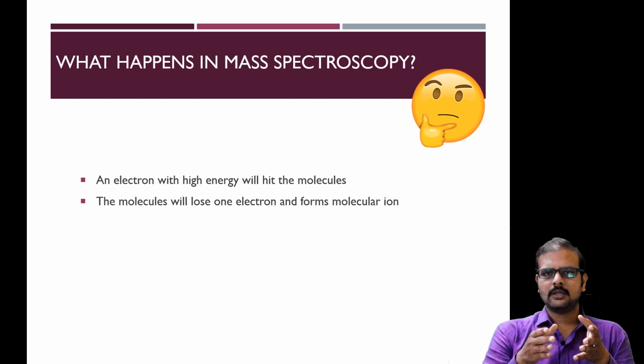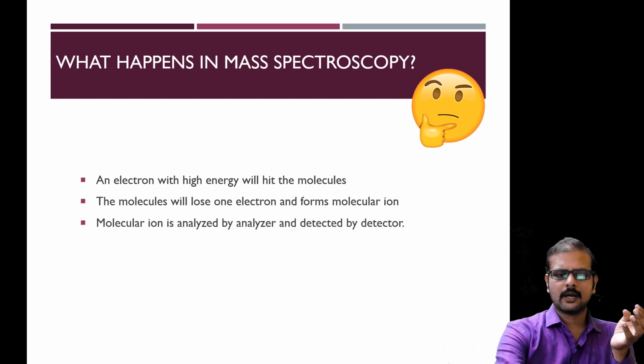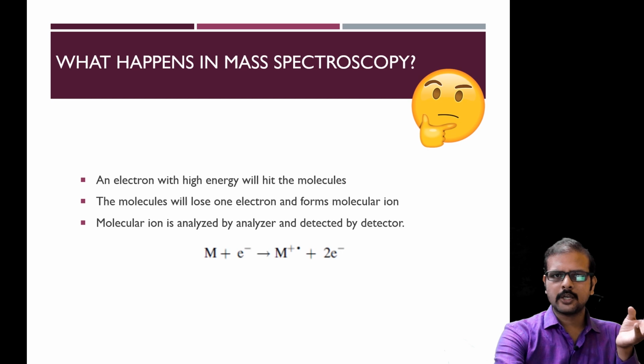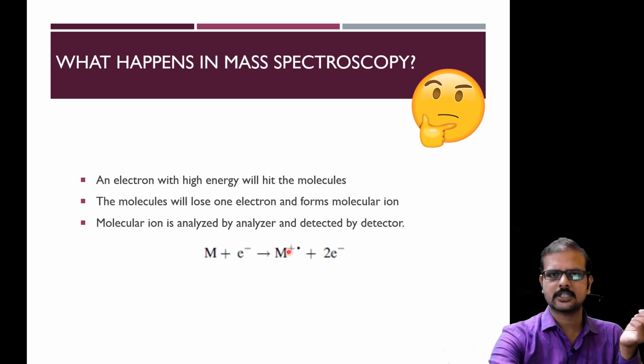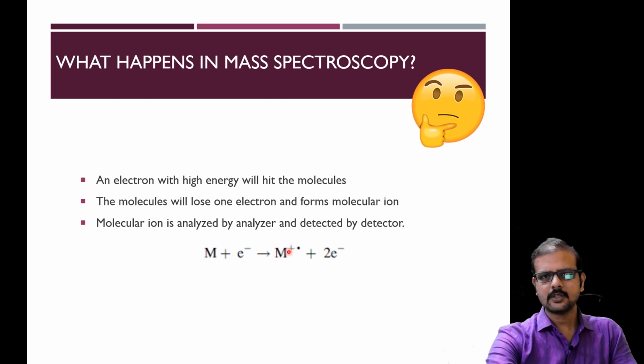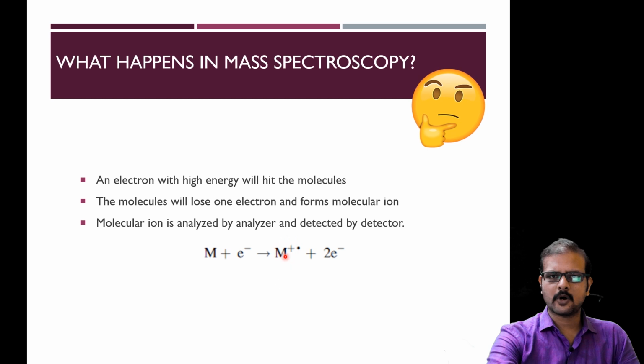Therefore, what happens? It forms a molecular ion, that means a positively charged species. This molecular ion with a positive charge is analyzed by the mass analyzer and then detected in the detector.